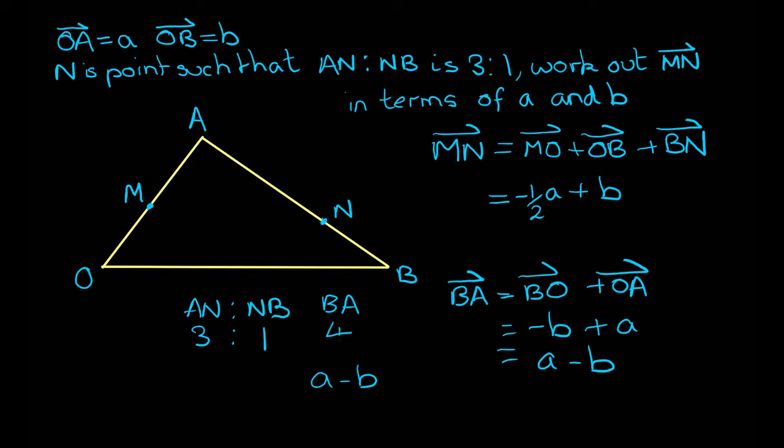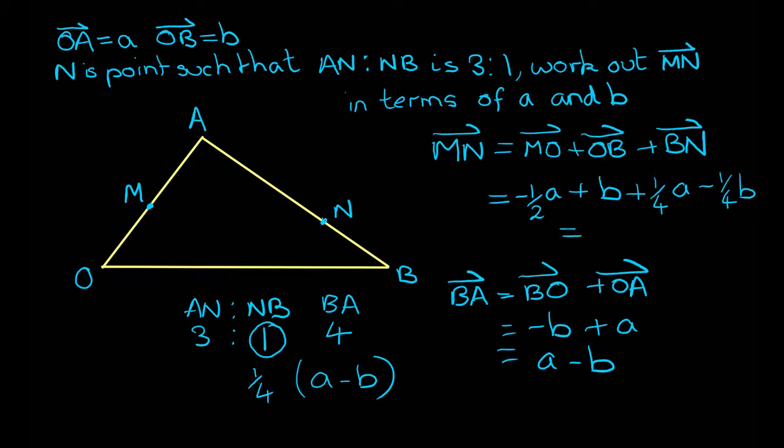We've got 4 parts, if you like, that make up the total line. So only one of those parts is NB. Therefore, NB is 1/4 of this A minus B. So if we put that in up here, we've got plus 1/4 A minus 1/4 B.